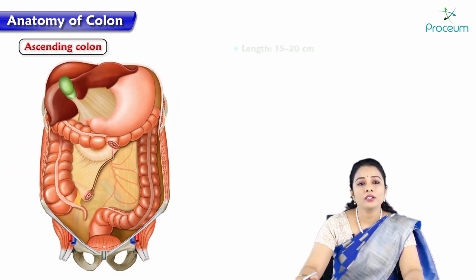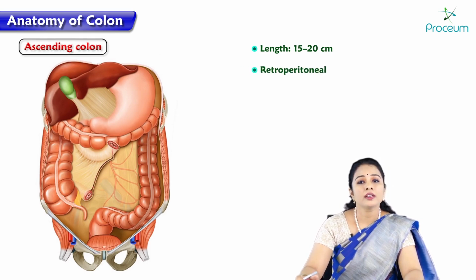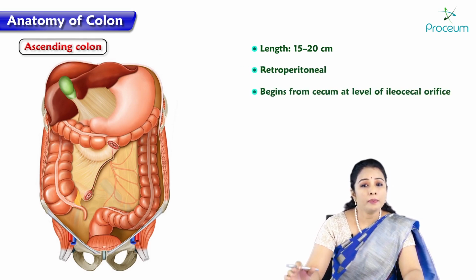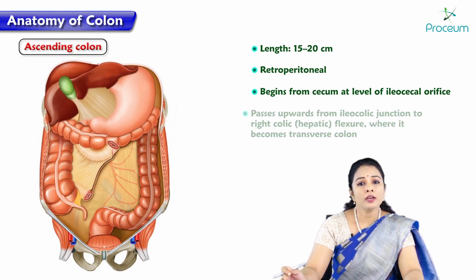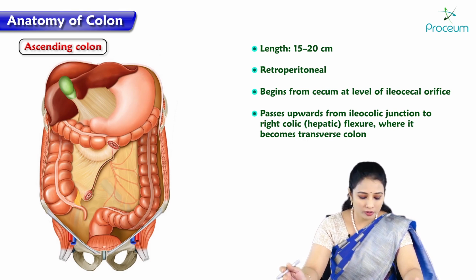Ascending colon. The length of the ascending colon is around 15 to 20 centimeters. It is retroperitoneal. It begins from the cecum at the level of the ileocecal orifice and passes upwards to the right to form the hepatic flexure, where the ascending colon becomes the transverse colon.